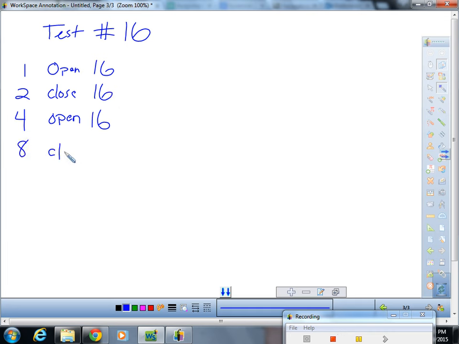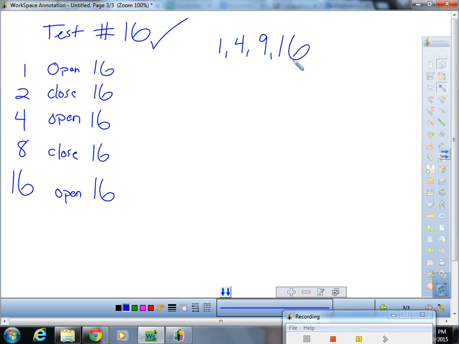They're going to close 16, and then the final student to touch locker 16 will be student 16. And so indeed, 16 works.